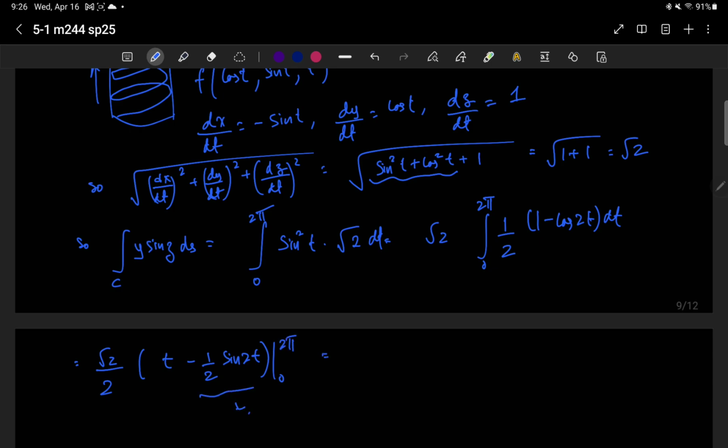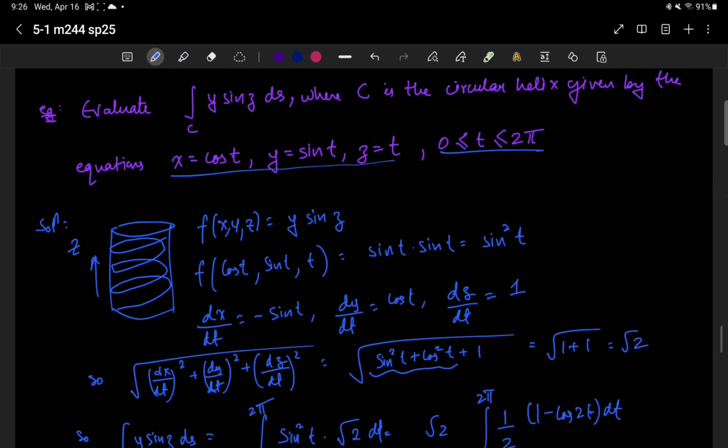This second part becomes 0 because when you plug this in, you get sine 4 pi minus sine 0, both of which are 0. So it's really just the first part we're concerned with, root 2 over 2 times 2 pi. The 2's cancel, so the whole thing comes out to be root 2 pi. And that is the line integral. So this is the case when we are doing the line integral with respect to the arc length ds.